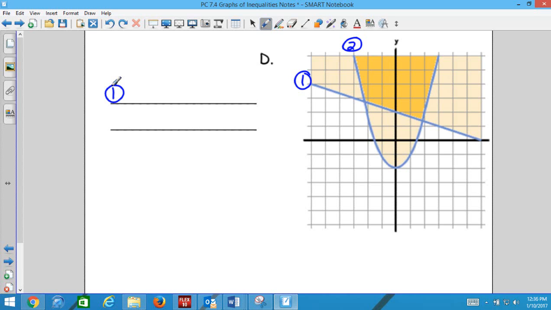It's got to be an inequality. So you find your y-intercept is at 2, and your slope is negative 1/3. So I know that. Where is it shaded? Above it. So I could test a point that is above that line.